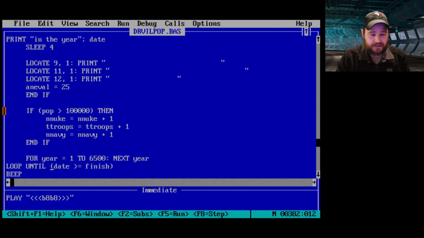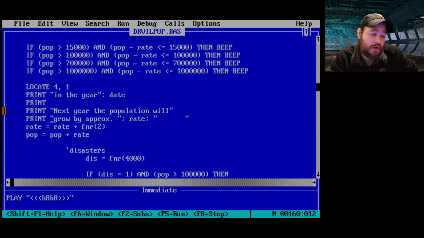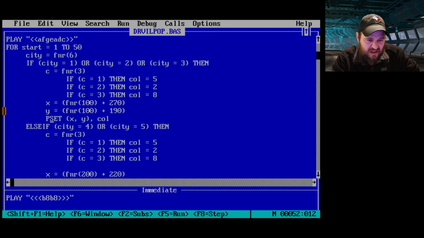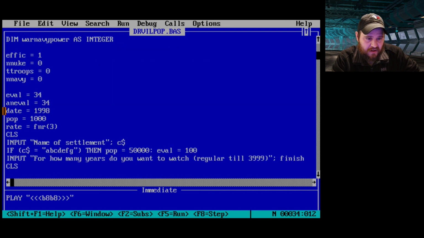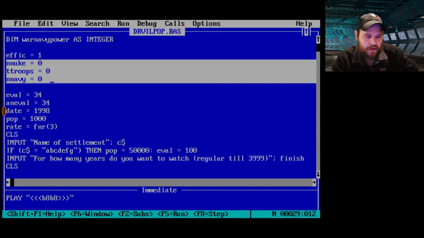And we loop until date is greater than or equal to finish. So this would have given you okay. And that's why, and I'm glad for this, that's why last time when we were investigating the war, all the way up here, we thought it was strange, or I thought it was strange, that we set it to 0, when in fact we don't actually get the ability to defend ourselves until we reach at least 100,000.